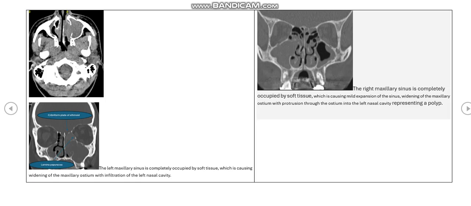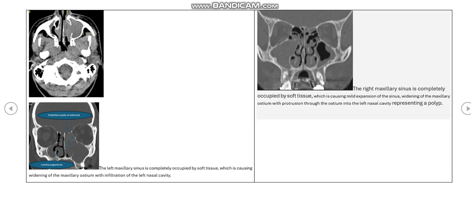Okay. So they share these same criteria if they involve the maxillary sinus: complete opacification with soft tissue component, causing widening of the maxillary ostium and extending into the nasal cavity.